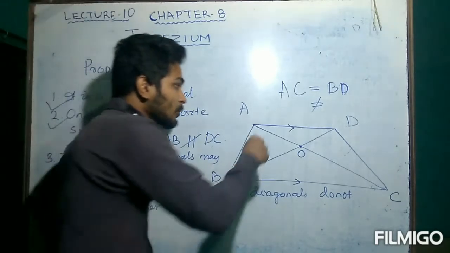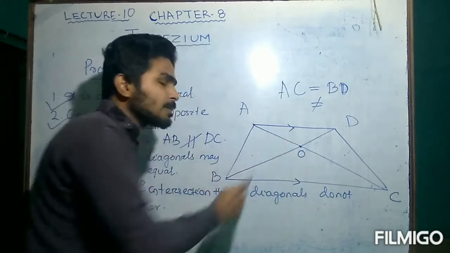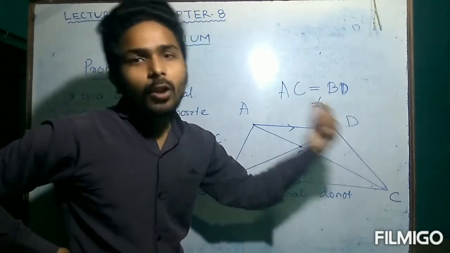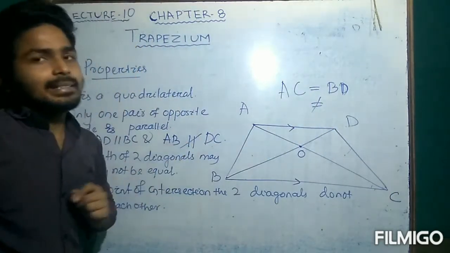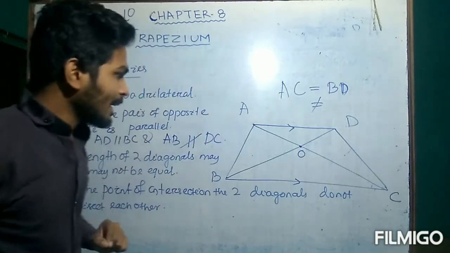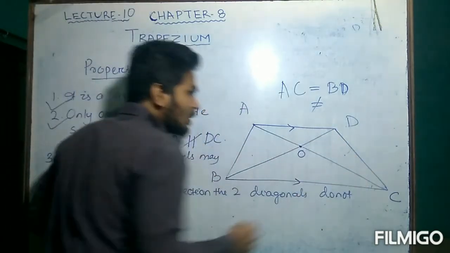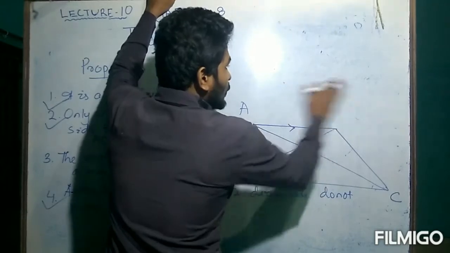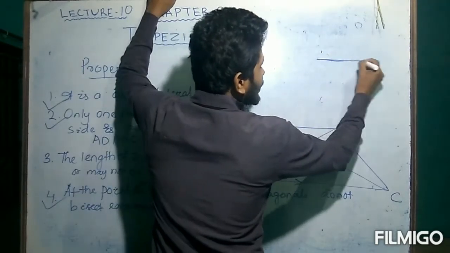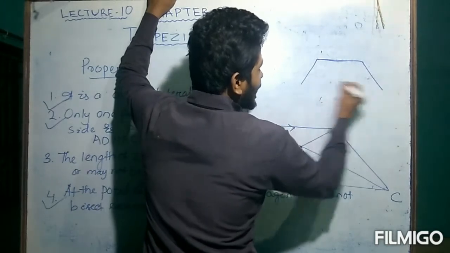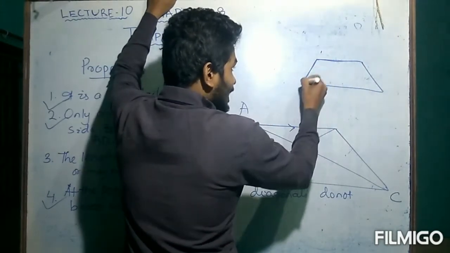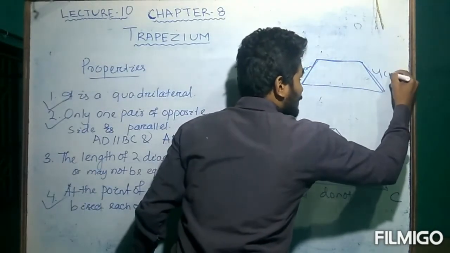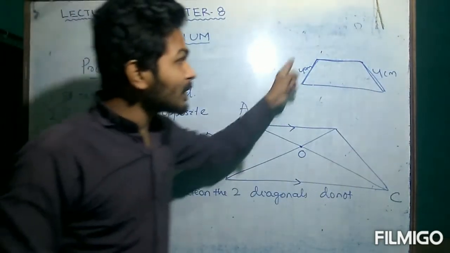So what did we find? In a trapezium only one pair of opposite sides are parallel and the other pair of opposite sides are non-parallel. But a case arises here. What is the case? If the lengths of the two non-parallel sides are equal, like this, if this is 4 cm and this is 4 cm, then the name of the trapezium changes.